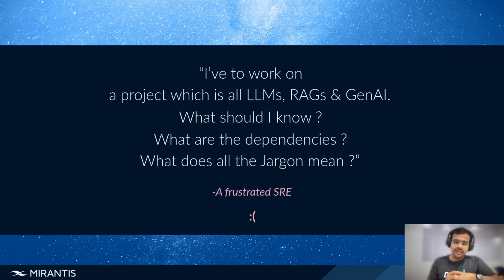Everybody's talking about, hey, this X billion parameter model does things well. Something is a chain of thought model. And then you realize that, hey, what does all that jargon mean, right? I'm an SRE. I worry about reliability. I worry about keeping the systems running. And then all this sounds really alien to us.